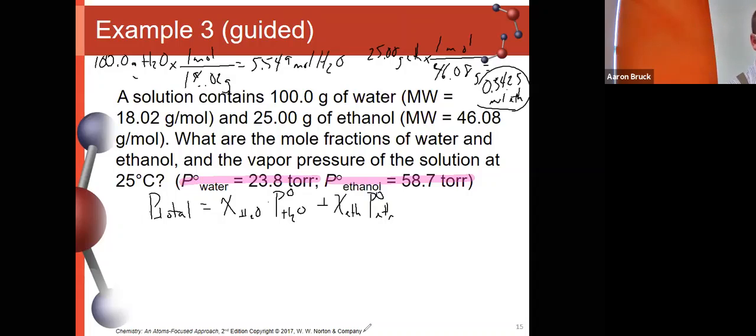To find the mole fraction of water, I need the moles of water, 5.549. Divide by the total number, 5.549 plus 0.5425 would be 6.092.